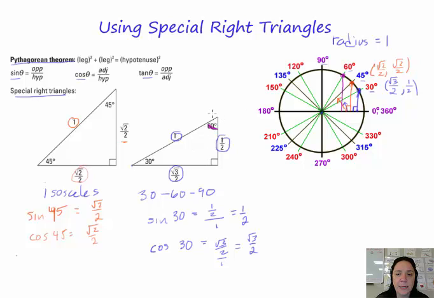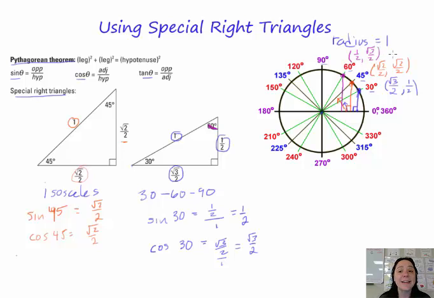Because if I rotate this, then I'd be looking at this triangle. And the sine of 60, the side opposite the 60-degree angle, is the square root of 3 over 2. And the cosine of 60, the adjacent over the hypotenuse, when our hypotenuse is 1, is going to be 1/2. So this point here is going to be 1/2, square root of 3 over 2.